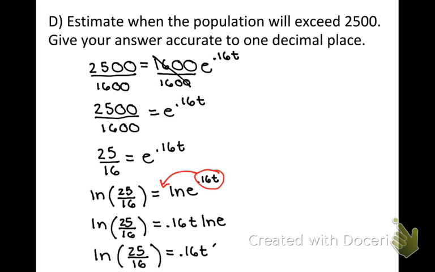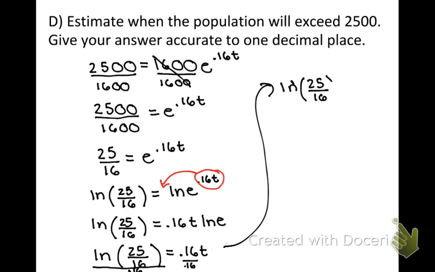Remember, that was really like 0.16 t times 1, but anything times 1 is itself. I'm trying to solve for t, so my very last step here is to divide by 0.16. So we end up with ln of 25 over 16 divided by 0.16 equals t.